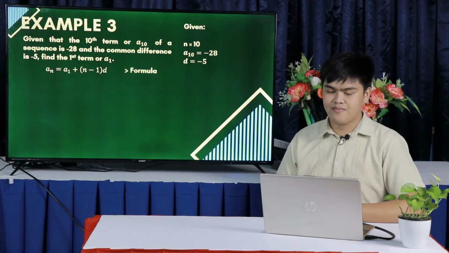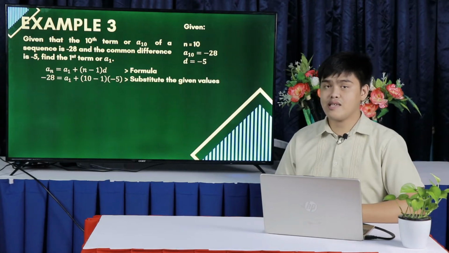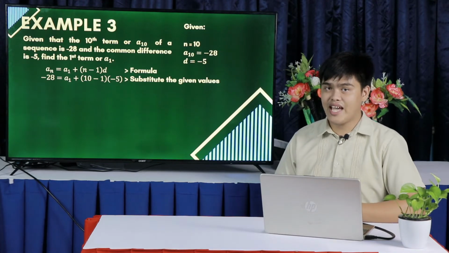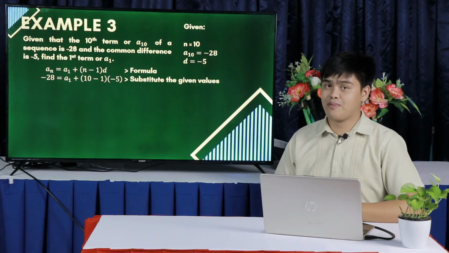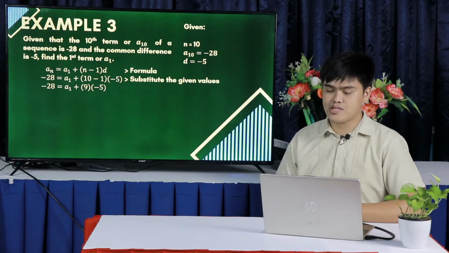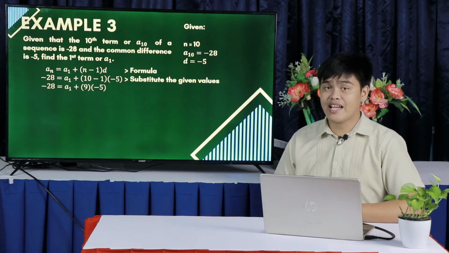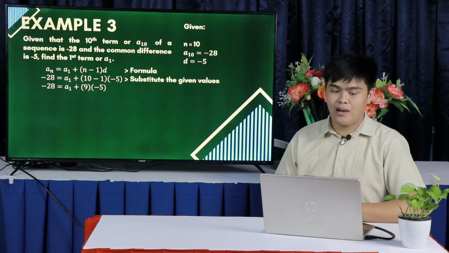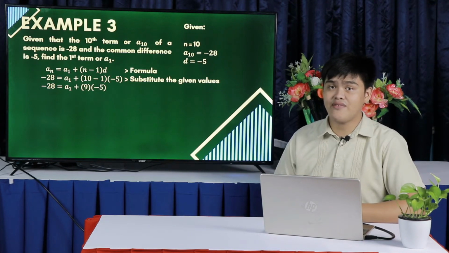We then have negative 28 is equal to a sub 1 plus the quantity of 10 minus 1 multiplied by negative 5. We simplify the contents of the parentheses first, which gives us negative 28 is equal to a sub 1 plus 9 times negative 5.